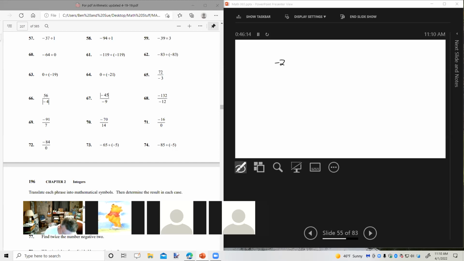Let's take negative 2 cubed and negative 2 cubed. The first example, this is 2 times 2 times 2 with a negative sign in front, which is negative 8. The second example is negative 2 times negative 2 times negative 2, which is also negative 8. So we get the same answer, but the process of getting there is quite different. On the first one, the base is just the 2. On the second one, it's the negative 2.